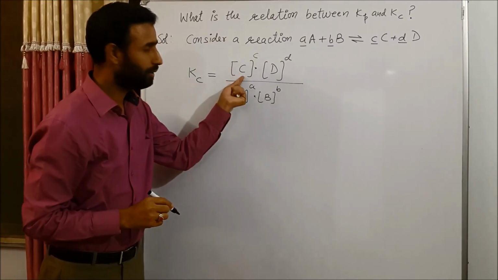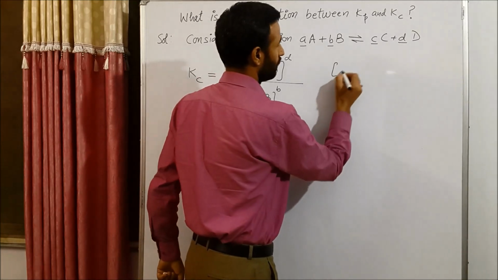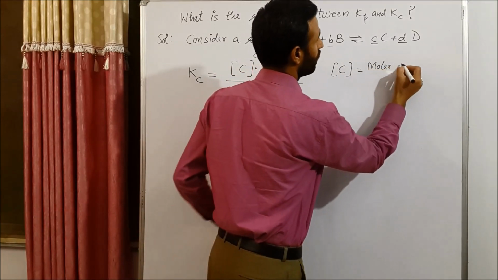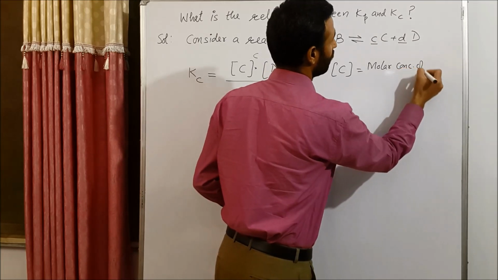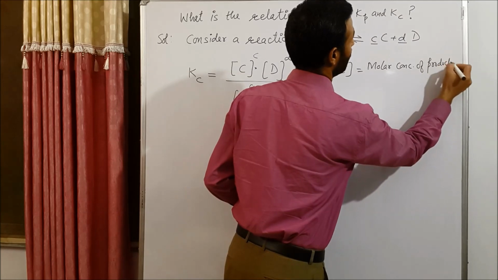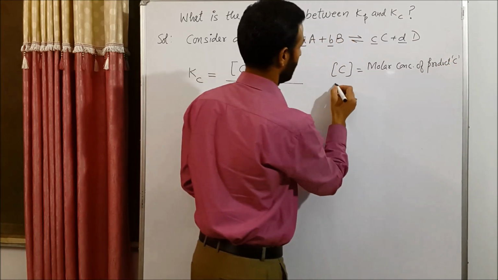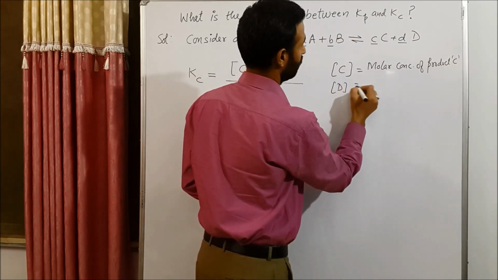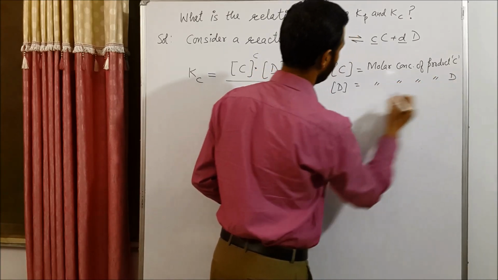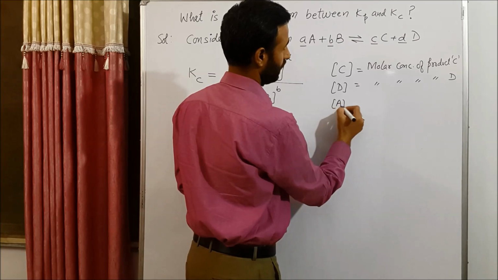This square bracket C is the molar concentration of product C. Same is the case with D, molar concentration of product D. What is A?